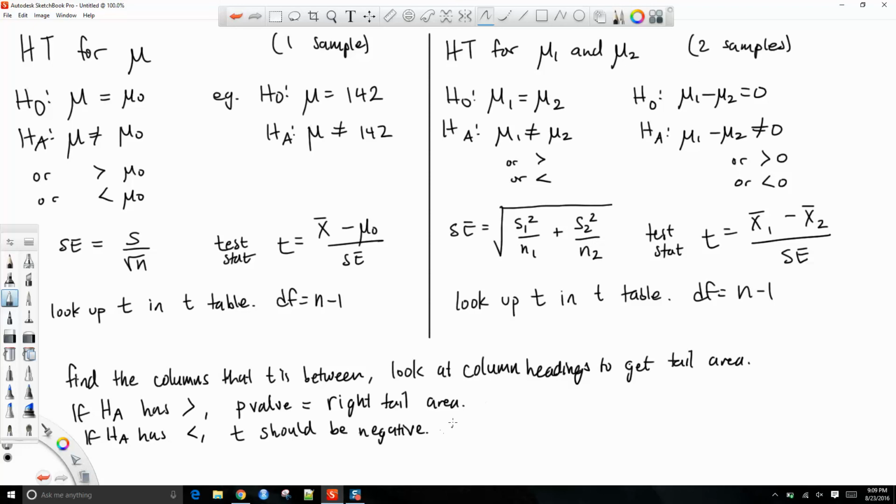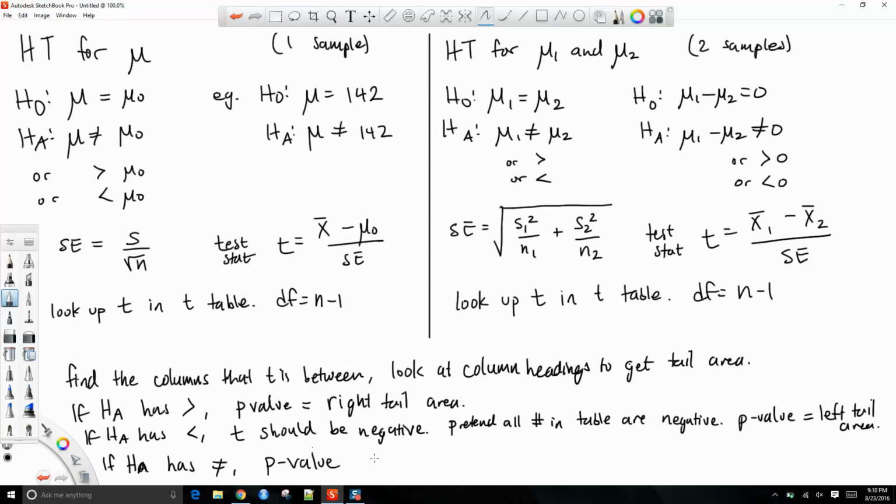And the p-value is equal to the left tail area. And if the alternative has a not equal sign, then the p-value is 2 times the tail area.